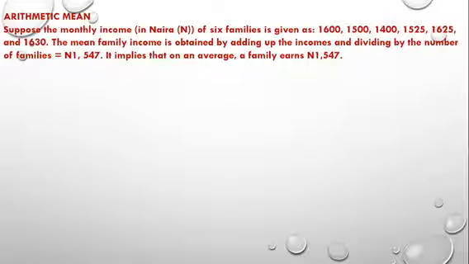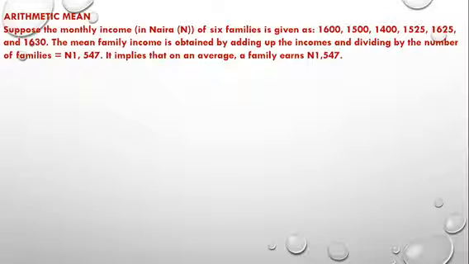If we want to know the mean family income, we simply add all these values together and divide by 6, because there were 6 families in the selection. By the time you do that, of course, you get 1,547. So the average monthly income for those families would be 1,547.